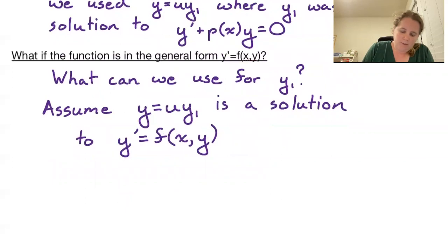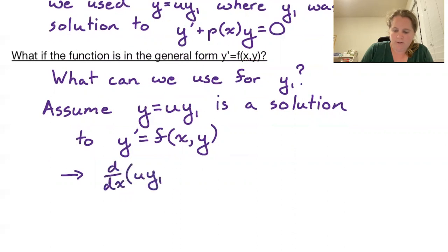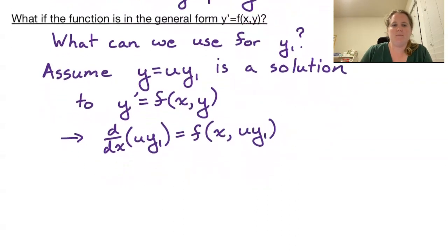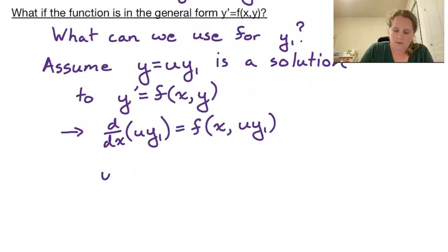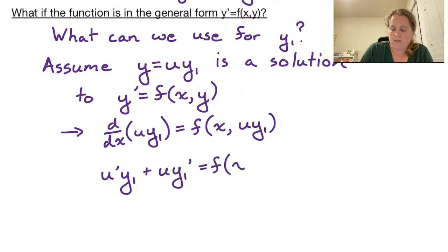Then what that means is y prime, which is the derivative of u times y1, is equal to f of x comma u times y1, or u prime y1 plus u times y1 prime is equal to f of x comma u times y1.